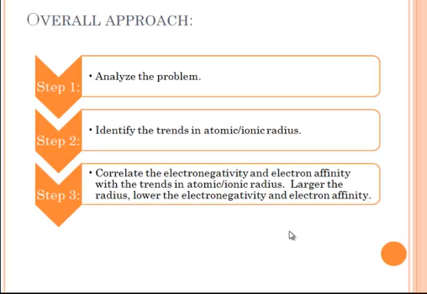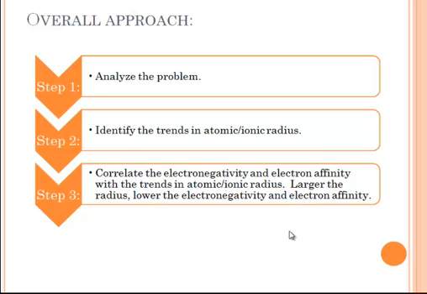Very much periodic. So in general, the overall approach when we answer questions regarding electronegativity and also electron affinity, remember they go hand in hand. Higher electronegativity, higher electron affinity.